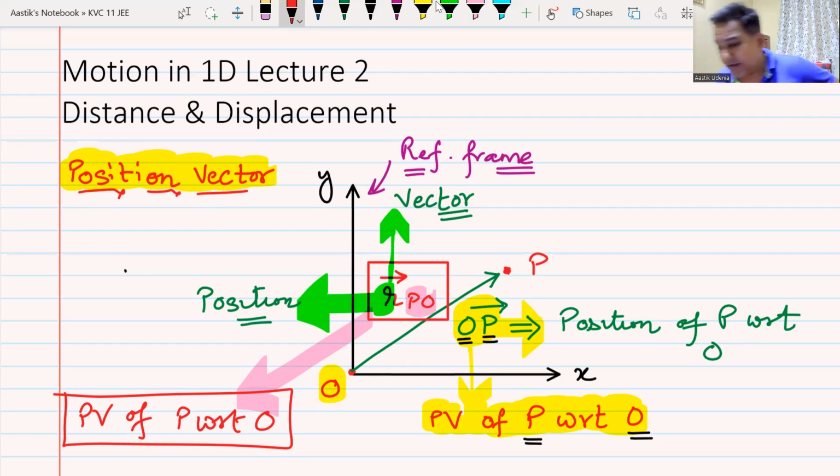R vector PO means position vector of P with respect to O. OP vector also means the same thing, but in OP vector I am saying it as OP and then I am calling it position vector. That in my books looks a bit confusing. Do we understand this position vector, everyone? Everyone has noted this down?